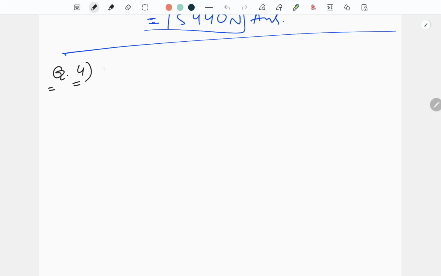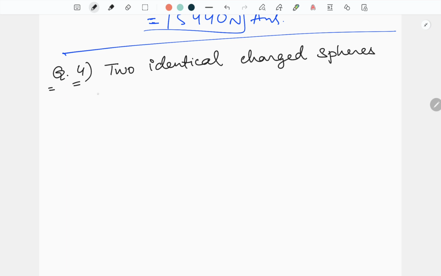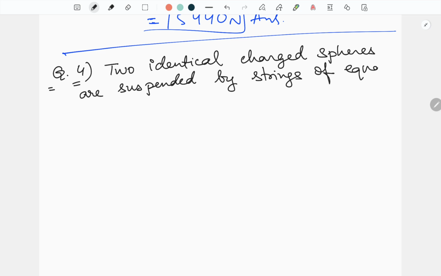So this question is saying two identical charged spheres are suspended by strings of equal lengths.